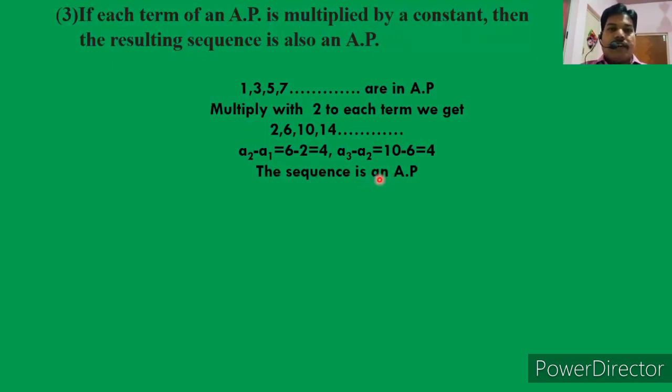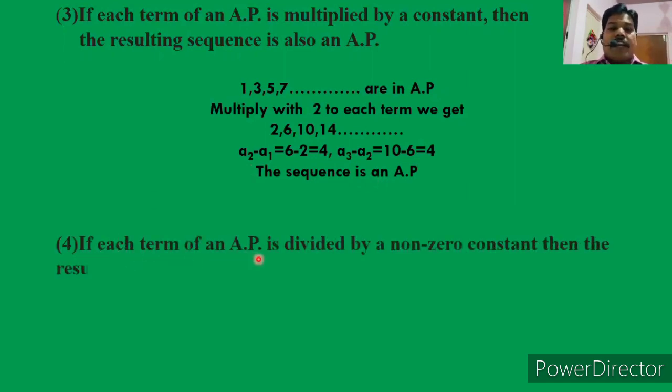Are all of you understanding, students? Next, take one more property here. If each term of an AP is divided by a non-zero constant, then the resulting sequence is also an AP.